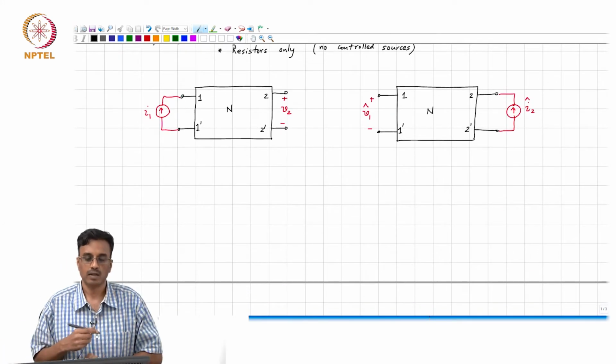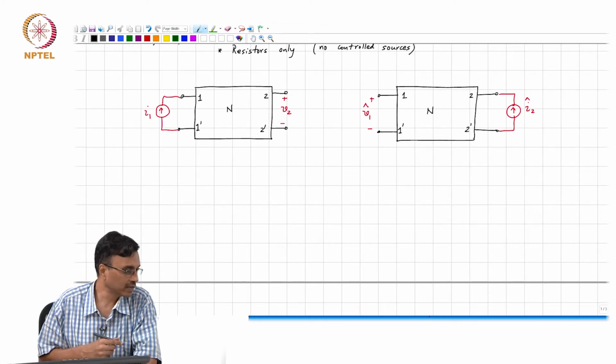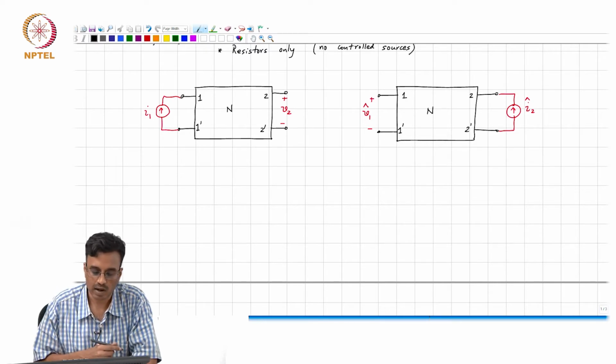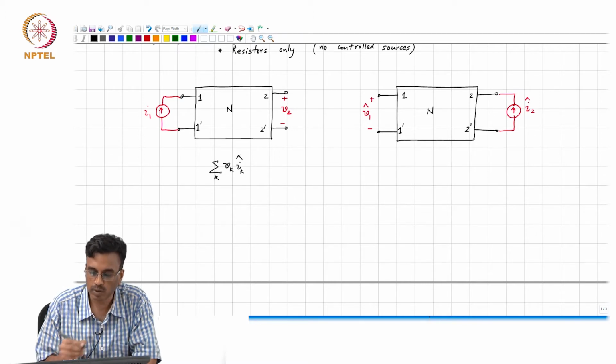We apply Tellegen's theorem to both these networks, and let us see what happens. Remember, the sum over all branches inside this network N of Vk and Ik hat, which correspond to the branch currents.